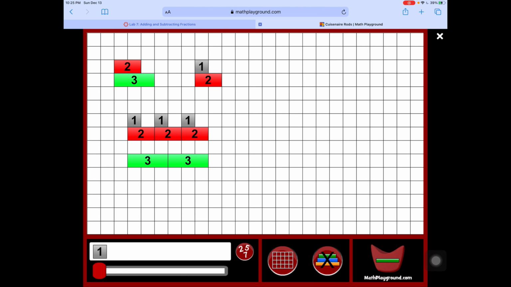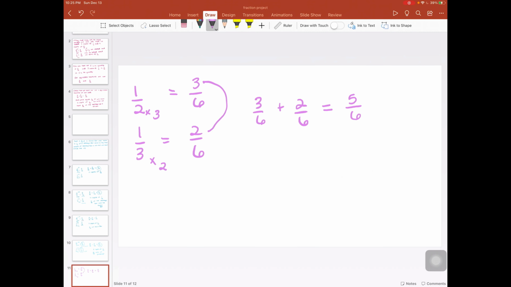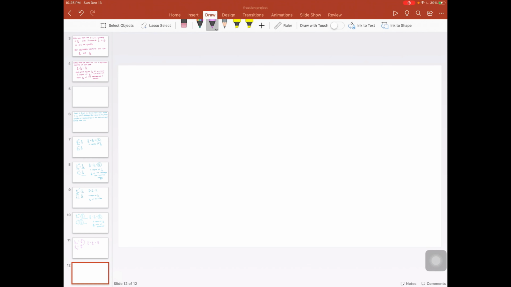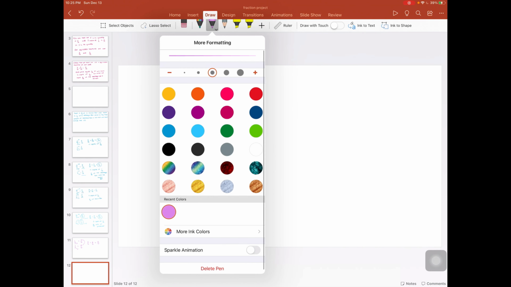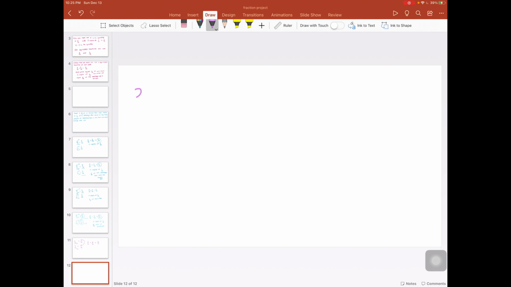So that gives us 3 copies of 1/2 and 2 copies of 2/3, and they are the same length. So our common denominator was 6.